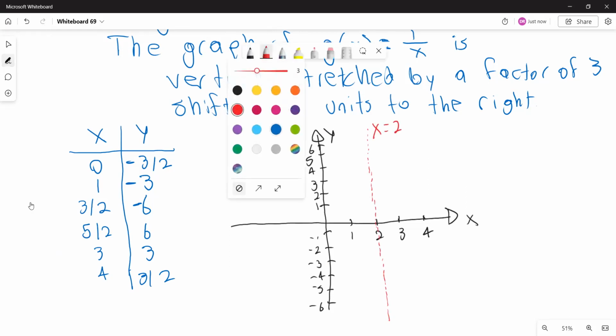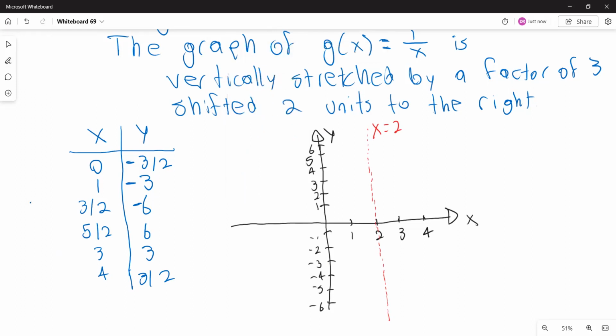Let's plot the points. We have 0, -3/2. 1, -3, and 3/2, -6.